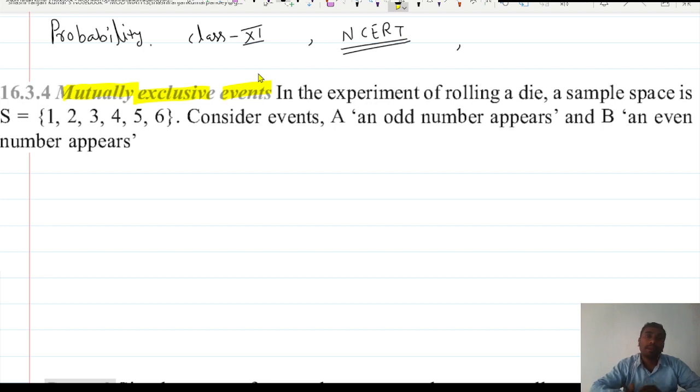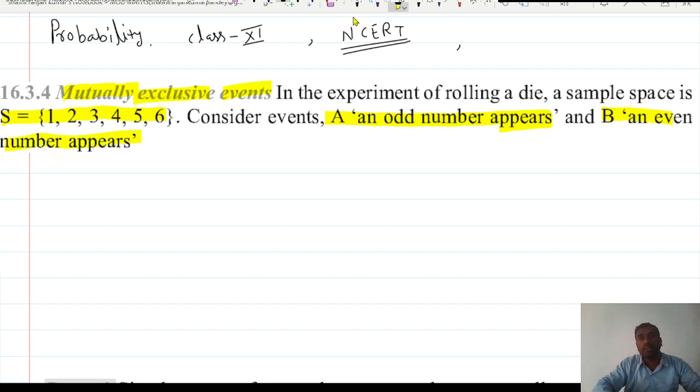So in an experiment of rolling a die, the sample space is 1, 2, 3, 4, 5 or 6. Now here we have considered two events. Event A is that an odd number appears, and event B is that the outcome is an even number.